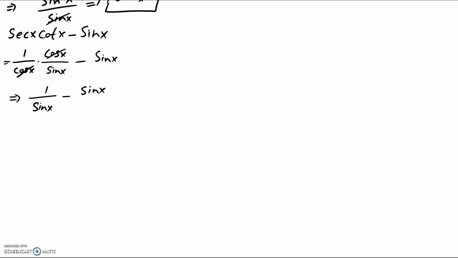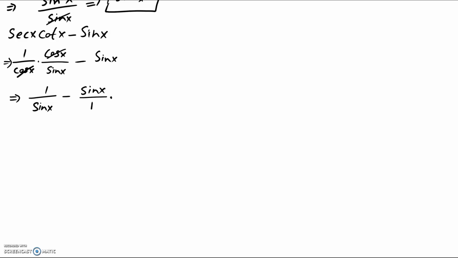Okay, now we have fraction 1 over sin x minus sin x. If nothing is down there, you can write it as sin x over 1. Okay, if any expression is written and there is no fraction in it, you can say that it's divided by 1. Now what am I going to do in this one? Again, I will simplify these two fractions.